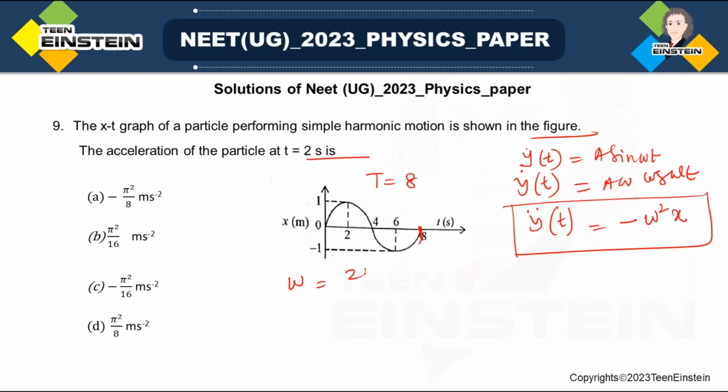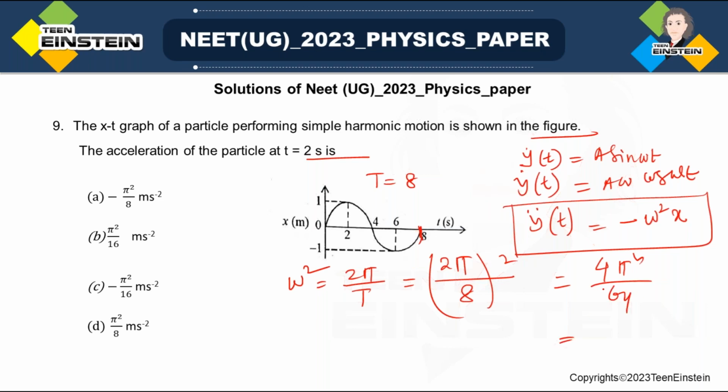Omega is equal to 2 pi by T. So 2 pi by 8, and if I write omega square, it is the whole square, so you get 4 pi square by 64. That is pi square by 16, with a minus sign along with it.